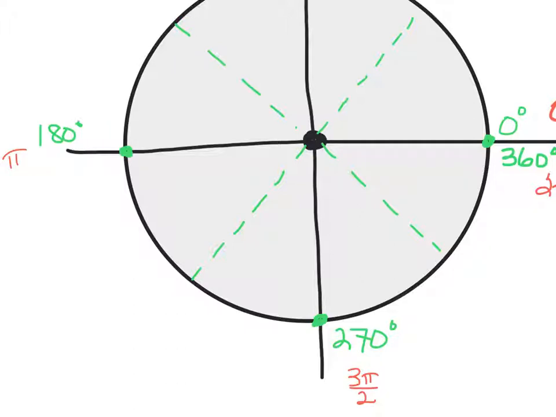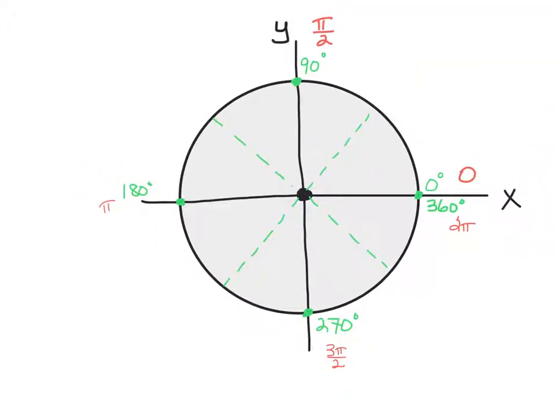You should see that each one of those dotted lines that I just drew looks approximately halfway between the two quadrantal angles. They also look like they're approximately 45 degrees from the x-axis, and that means that they each have a reference angle of 45 degrees.